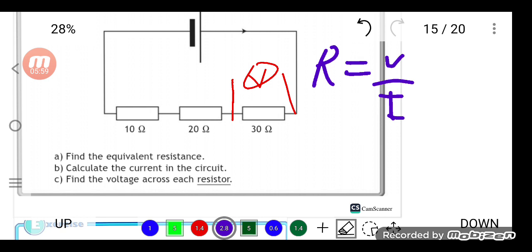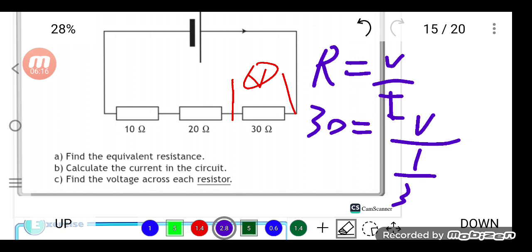R here is 30, so 30 is equal to V, which we don't know, divided by the current, which is 1/3. Now if you cross multiply, you get V is equal to 1/3 times 30, which is 10. So 10 volt, that's the voltage across the 30 ohm resistor.